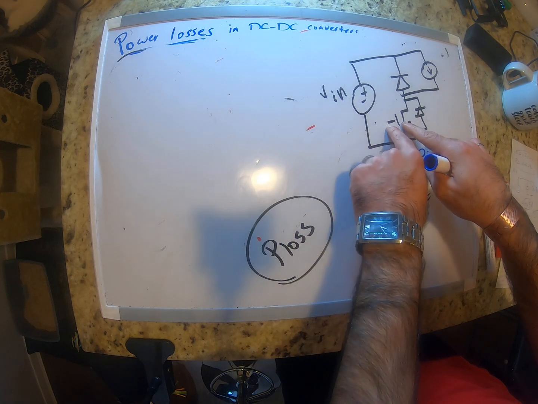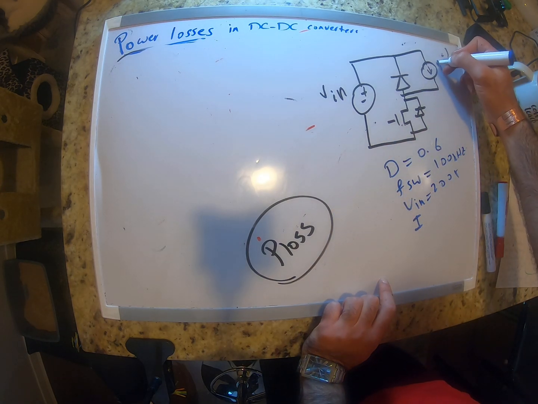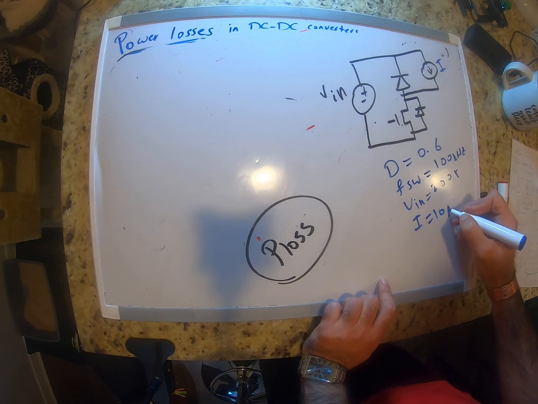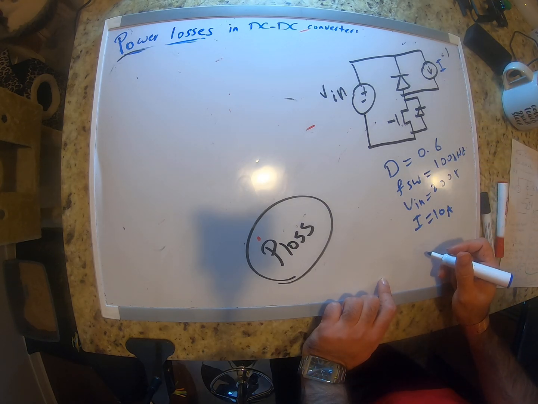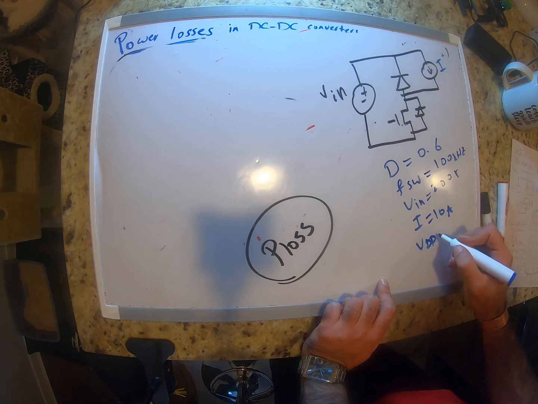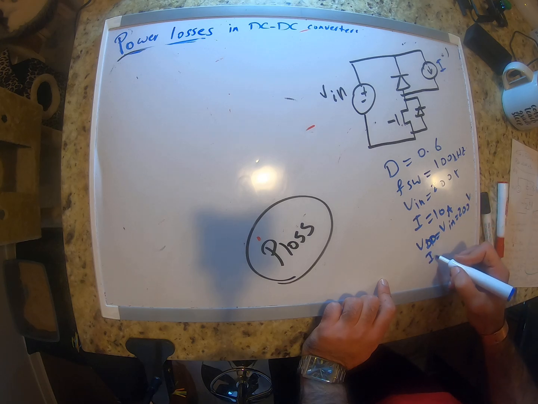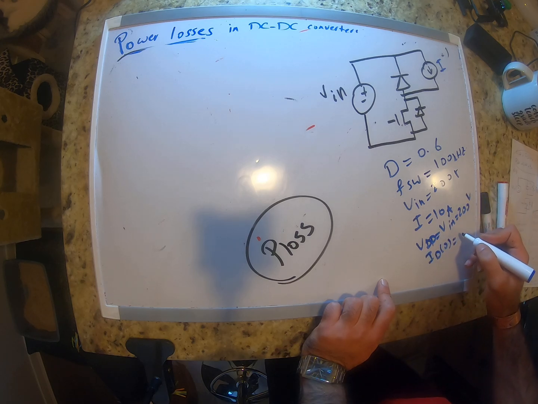So we are turning this on and off with this duty cycle. I is equal to 10 amp. V_DD is equal to V_in, which is 200 volts. I_D0 is equal to 10 amp.